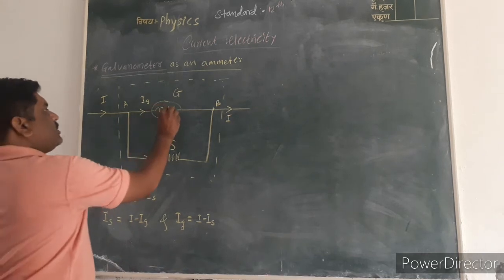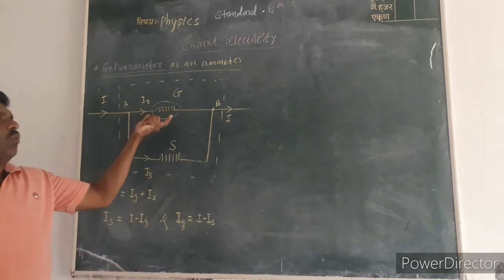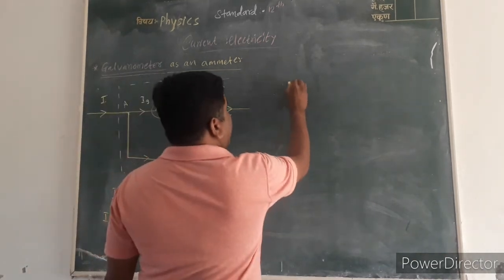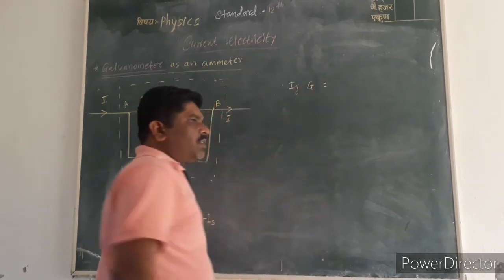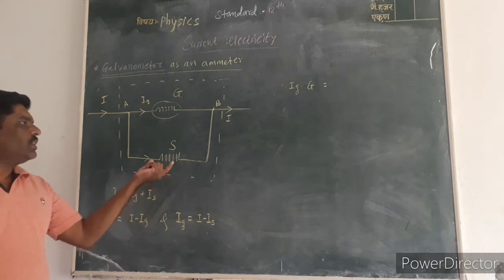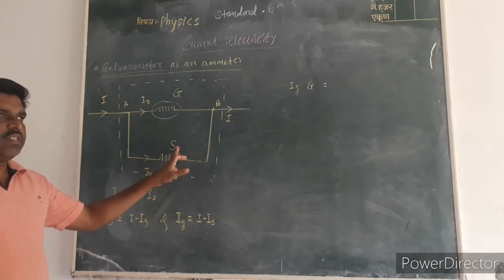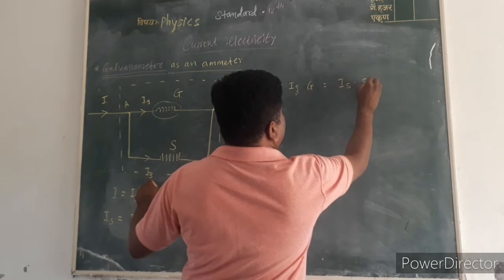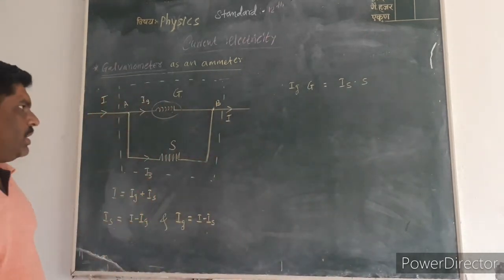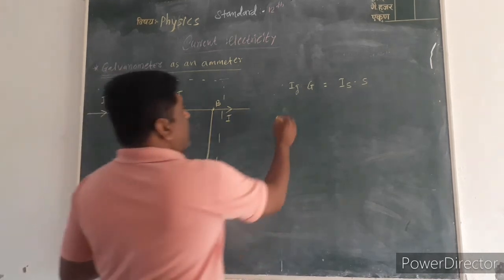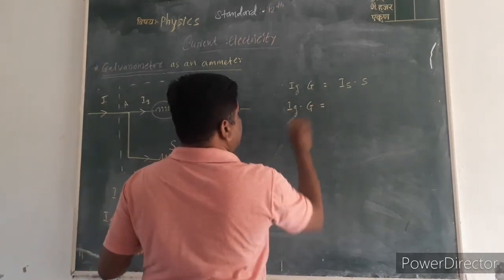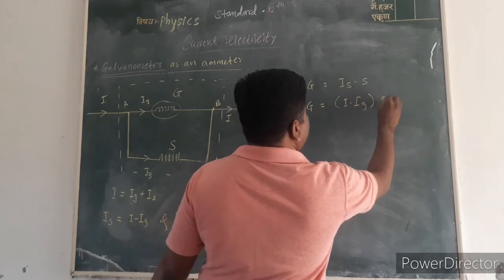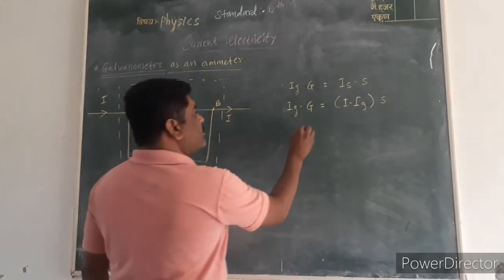That means the potential across the coil of galvanometer is current into resistance, that is Ig into G, and this is equal to potential across shunt resistance, whose resistance is S and current Is, that is Is into S. But the value of Is is I minus Ig, so Ig into G is equal to I minus Ig into S. We get the value of shunt resistance.